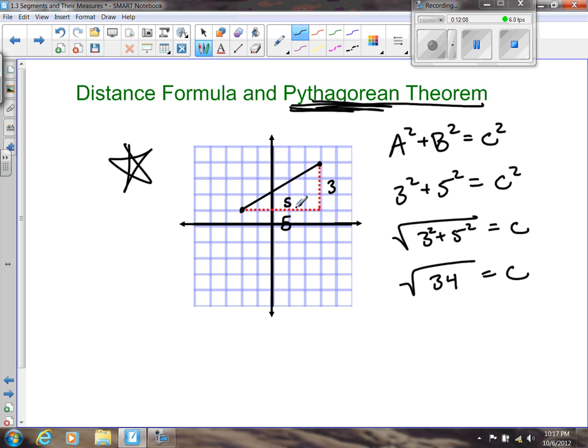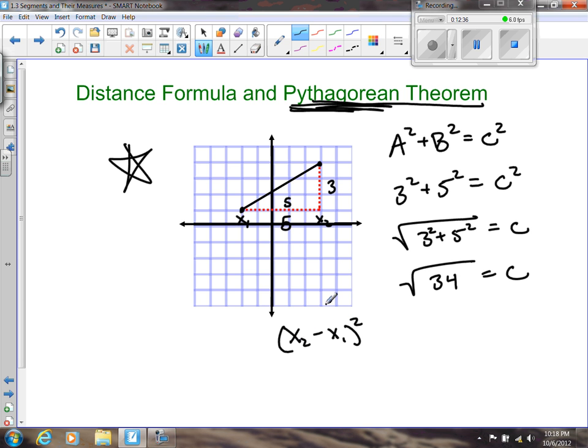And how I can remember the distance formula is basically, if I want to know this length, remember that ruler postulate? If this is my x-coordinate 2, and that's my x-coordinate 1, right? If I want to know this length, I just take x2 minus x1. Now, what did I do? I squared it.